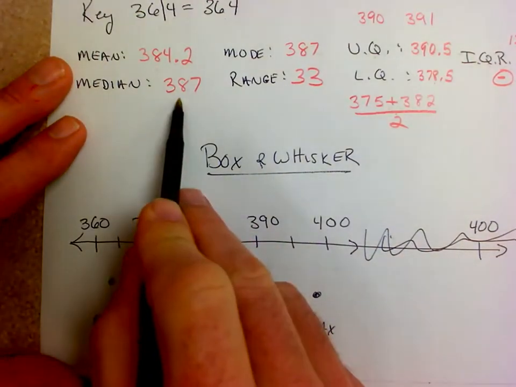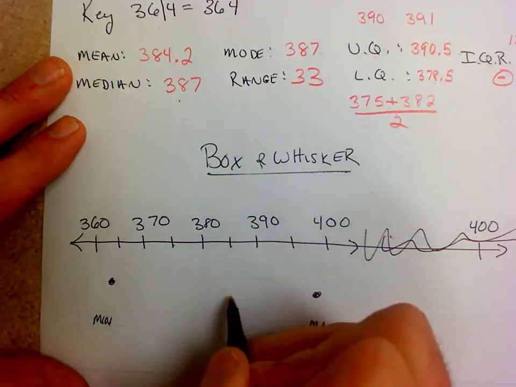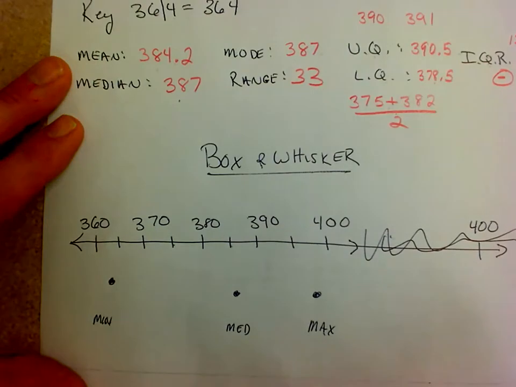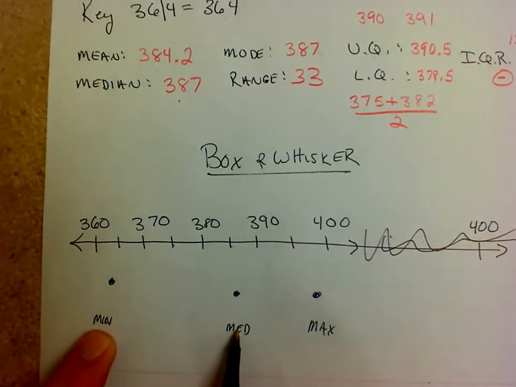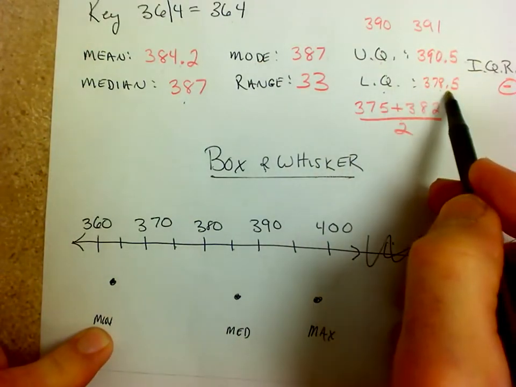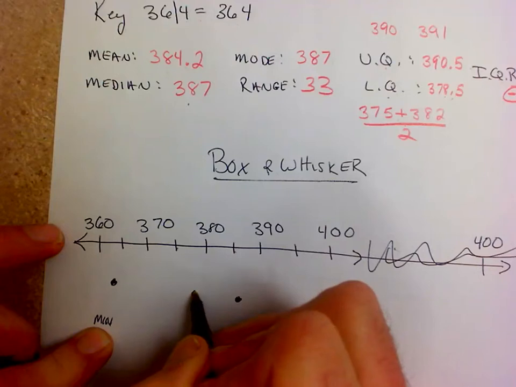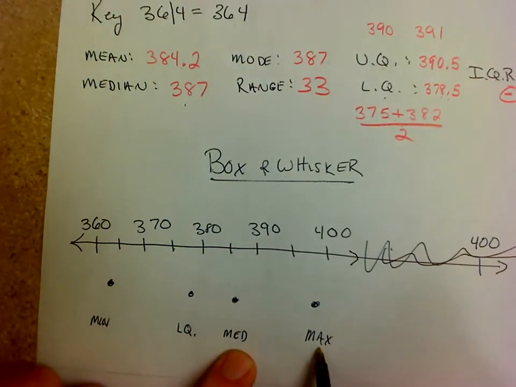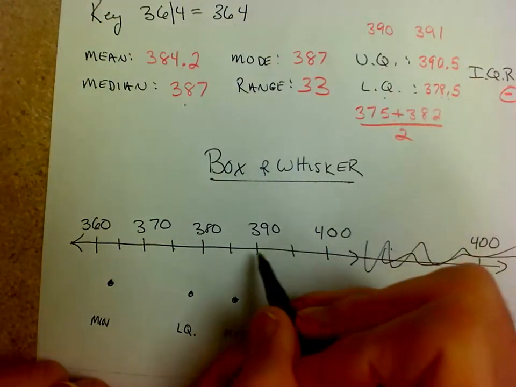We also need to label our median, 387. And 2 more dots. We need a dot in between the min and the median. That happens to be your lower quartile, so 378. And then we need a dot in between our median and our max, which is our upper quartile, 390.